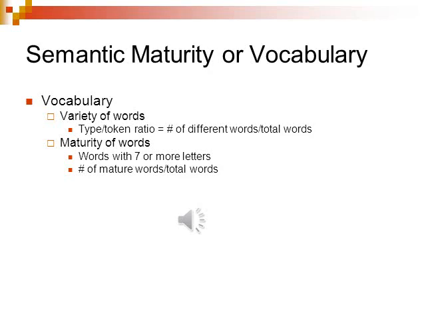And then also the maturity of the vocabulary, so the big words. So words with 7 or more letters, and we can look at the number of these mature words divided by the total words, again to get an idea of the level of skill, the difficulty of the vocabulary that are being used in the writing sample.